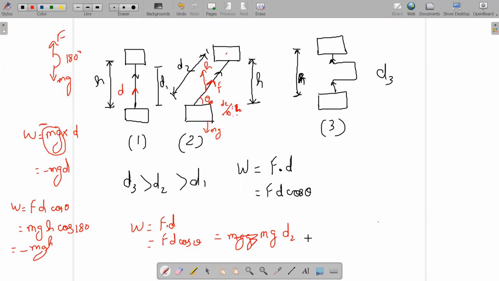So that becomes sine, d2 sine theta, into what? Now, this is the equation. Wait a minute, just a minute. So here comes mg cos theta.